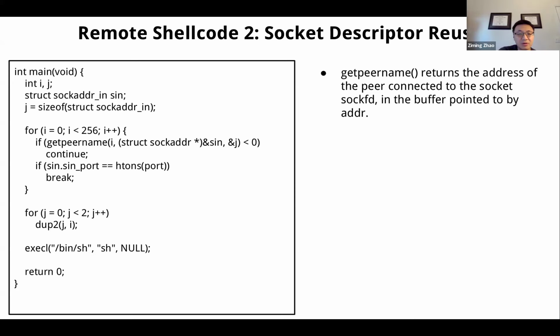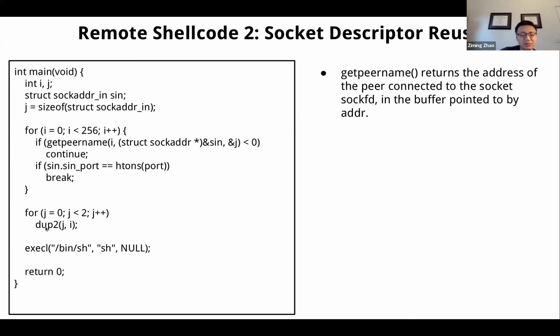We go through all the file descriptors, and from them we try to determine which one is a socket descriptor. After we find the socket descriptor, we get its port number from this object, and from there we try to use that port number.